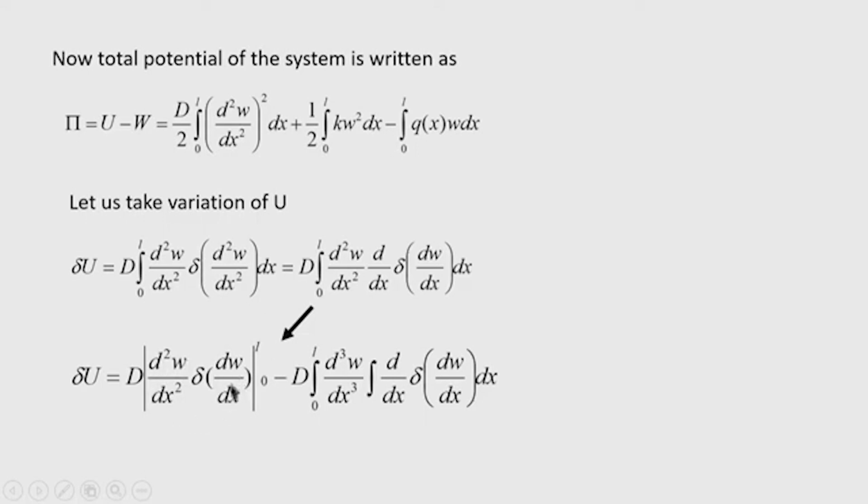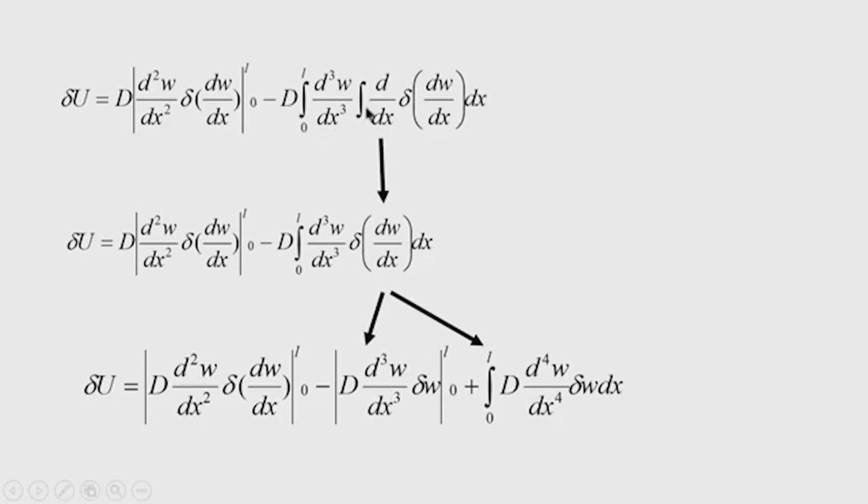That means this quantity has to be found out at the boundaries 0 to L, minus the derivative of the first function, d cube w by dx cube, into the integral of the second function. In the next slide you will find that I have integrated this second function and again we are getting this.